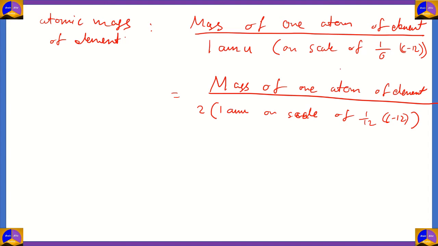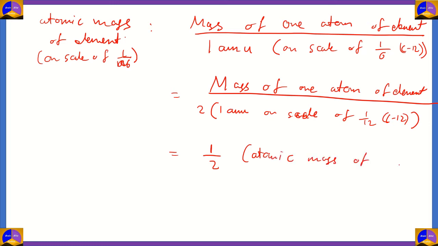So basically, the right-hand side now becomes 1 by 2 times the atomic mass of the element on the scale of 1 by 12 carbon-12 atoms.